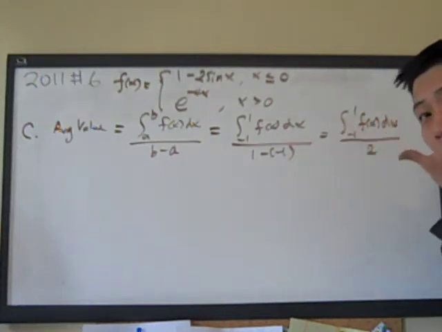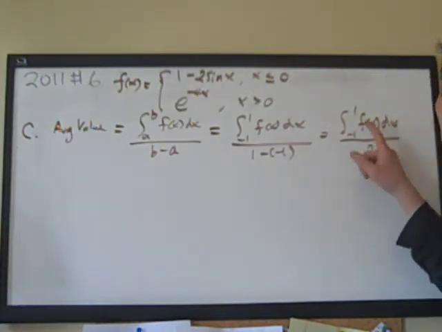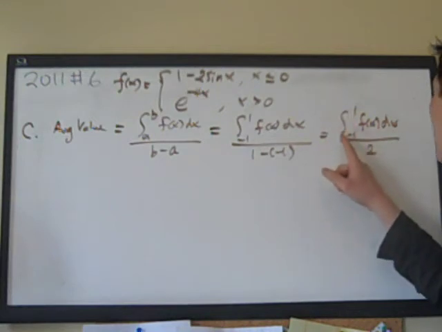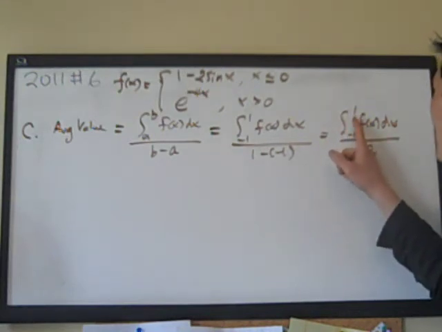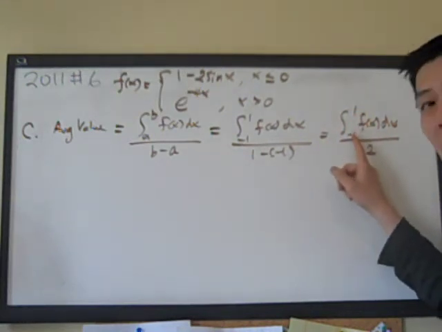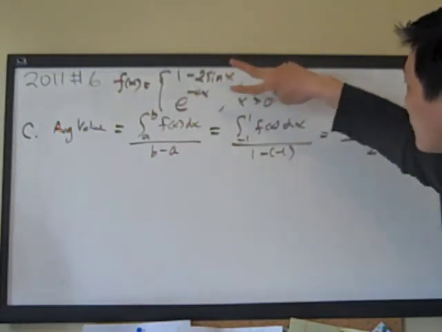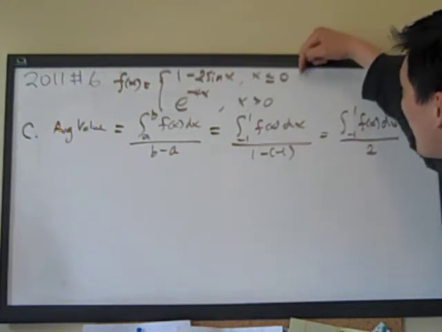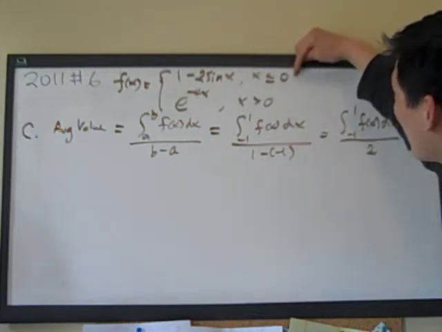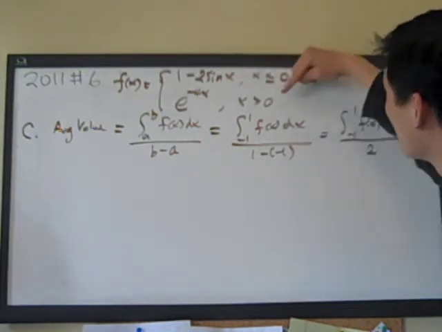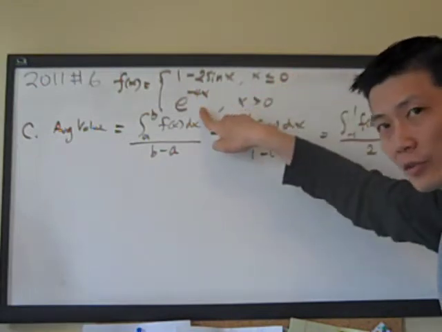Now when you end up with this, you say to yourself, well, I want to find the integral from -1 to 1. But from -1 to 1 goes from a negative value to a positive value, and f of x is defined by a piecewise function. The negative value side is dictated by this function, and the positive value side is dictated by that function.